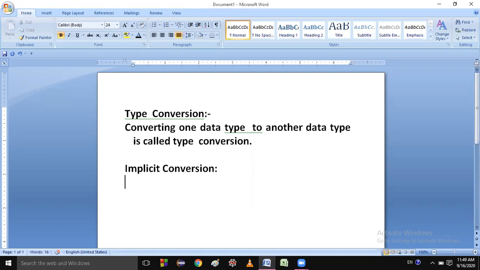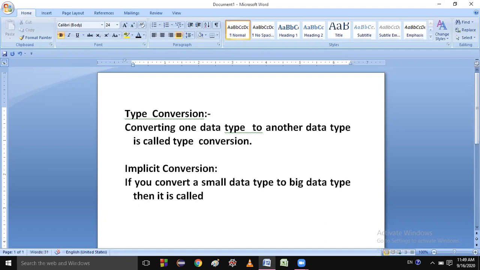If you convert a small data type to a big data type, then it is called implicit conversion. Is it clear to you? If you convert a small data type to a big data type, then it is called implicit conversion.